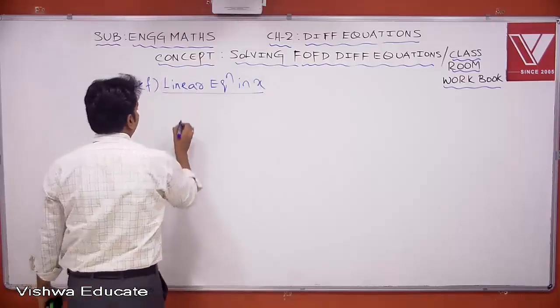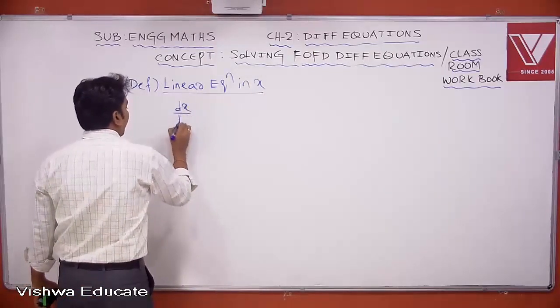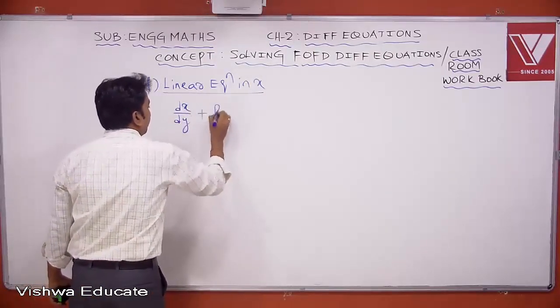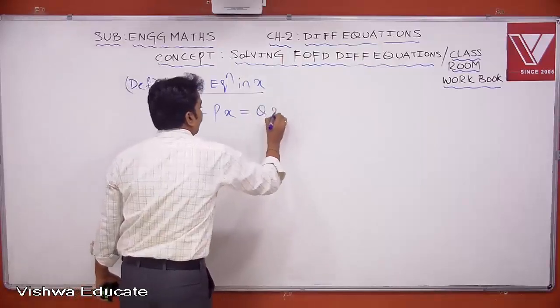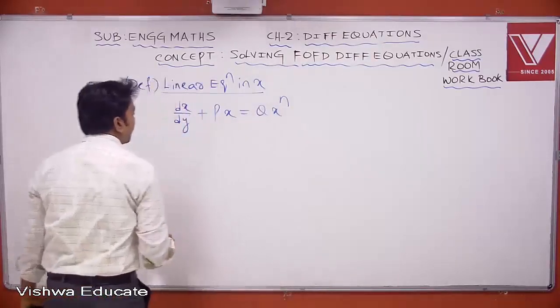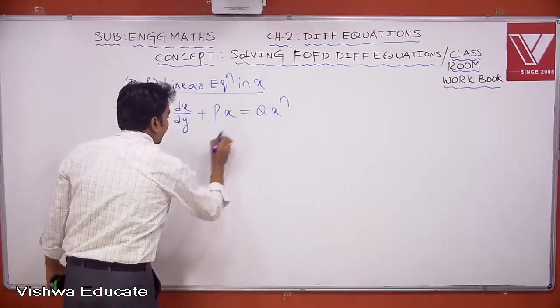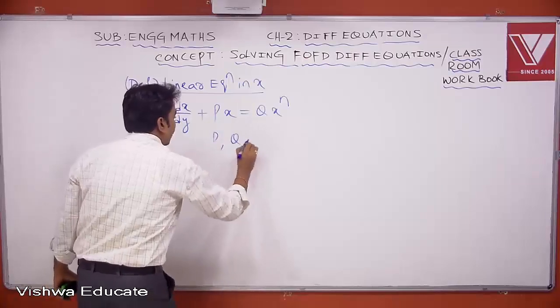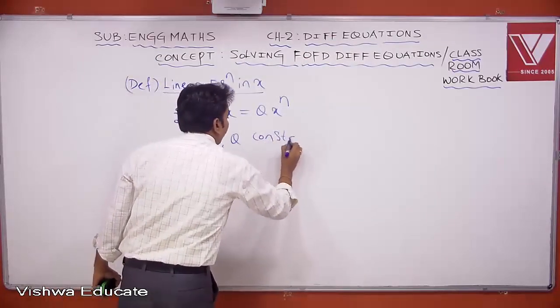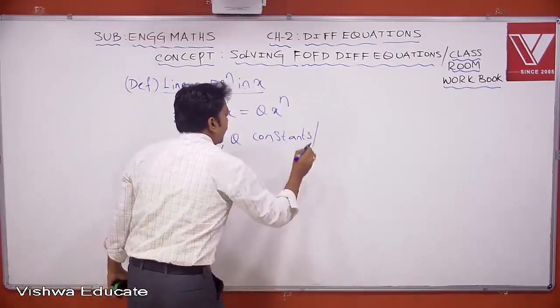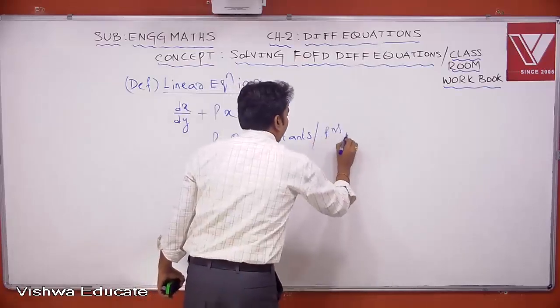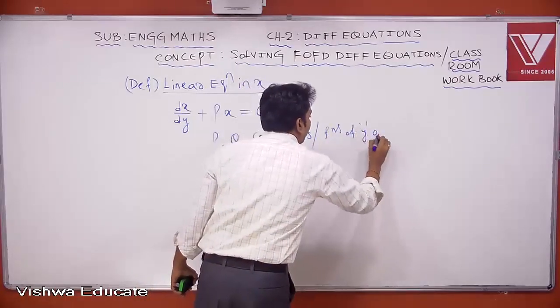Suppose I have an equation like this: dx by dy plus px equal to q into x power n. What about this p and q? P comma q are either constants or functions of y only.